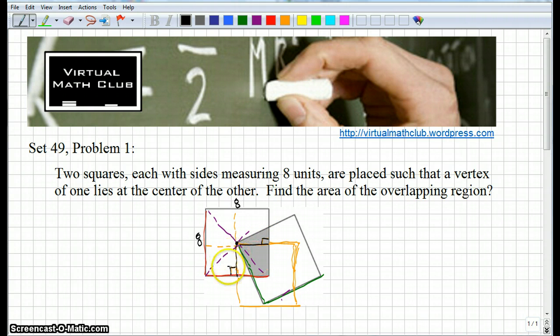All right, and you can see there's a triangle formed between this orange position of the square, and this green position. Okay, I guess some of my green got erased here.